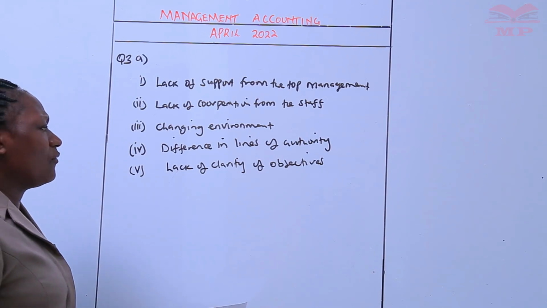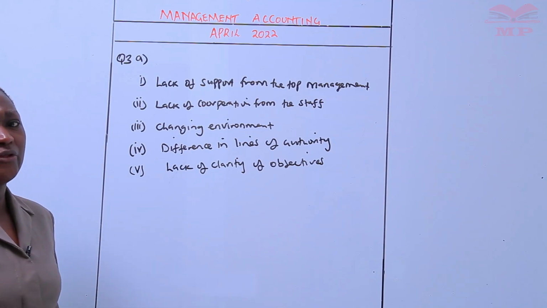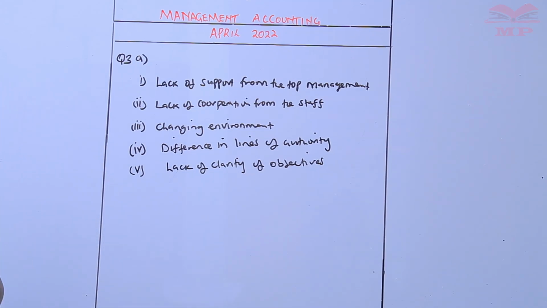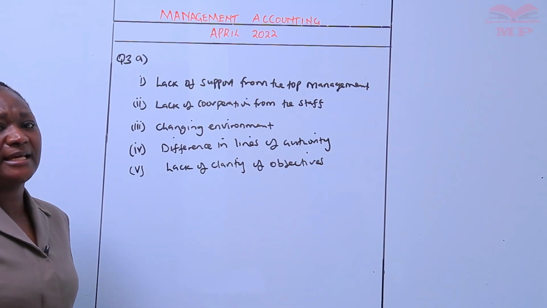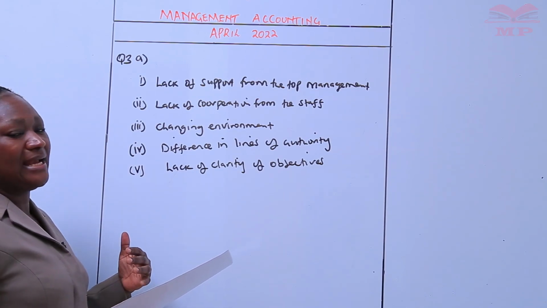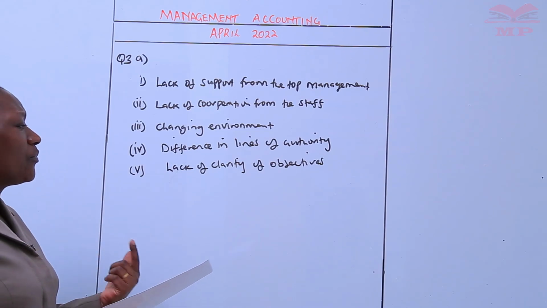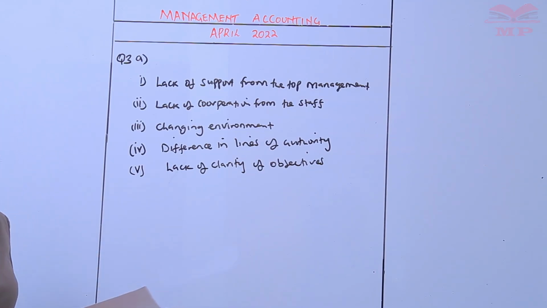Then number 4, difference in lines of authority. This happens where we have people that are engaging in the process, but they have to report to different authoritative people who have to ensure that the work is done. And if you do not know your line of authority or where you are to report to, or maybe we have long procedures, then they may delay installation of that system.